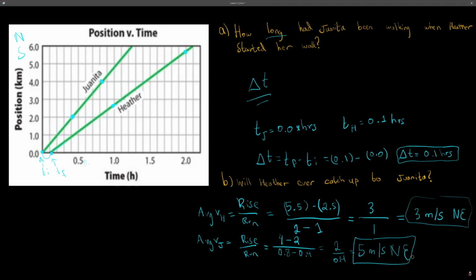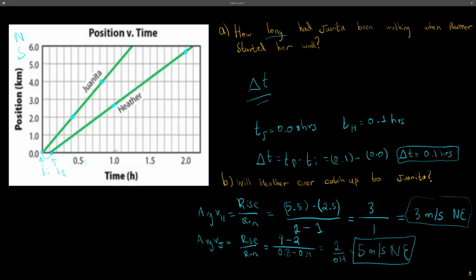Remember how we stated before that for a person to surpass another dot, the one that's behind, so A and B, for A to surpass B, A needs to be moving at a faster speed. So in this case, Heather isn't moving faster than Juanita, thus she can't surpass her.